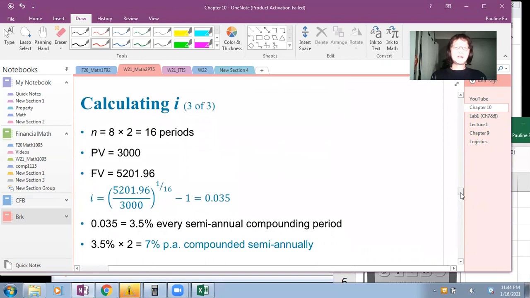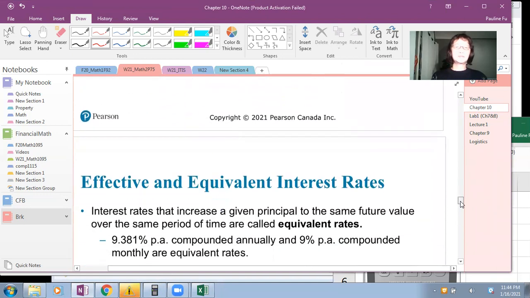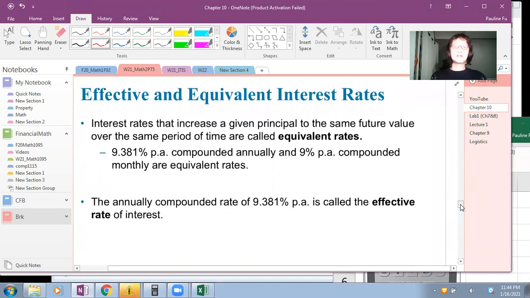So this one, I already did it. Next, we introduce new terminology: equivalent rate and effective rate. So what is the equivalent rate? Interest rates that increase a given principal to the same future value over the same period of time are called equivalent rates.